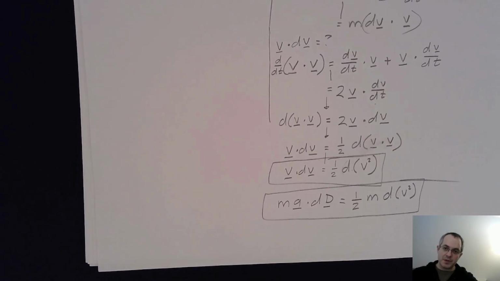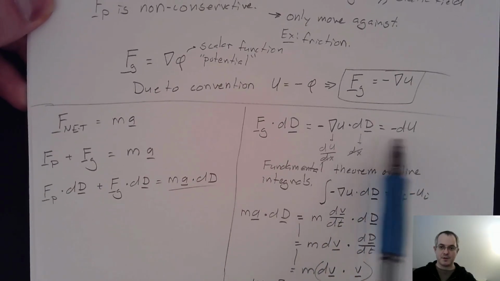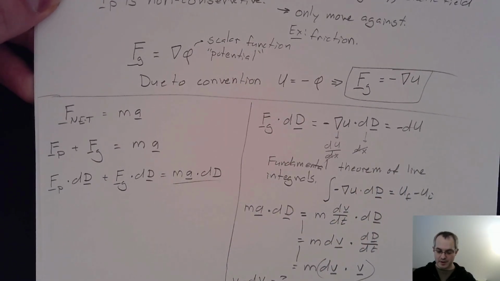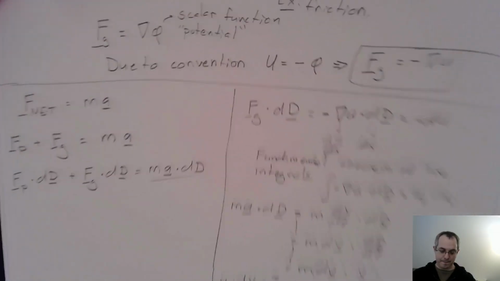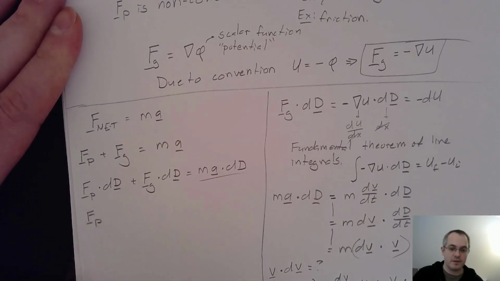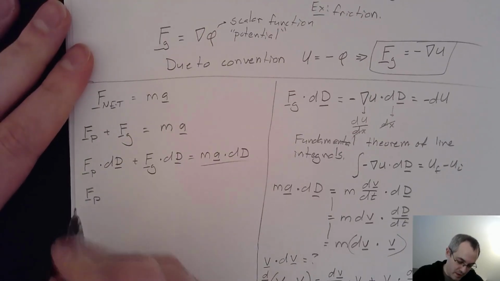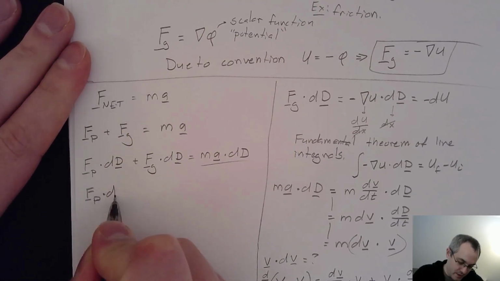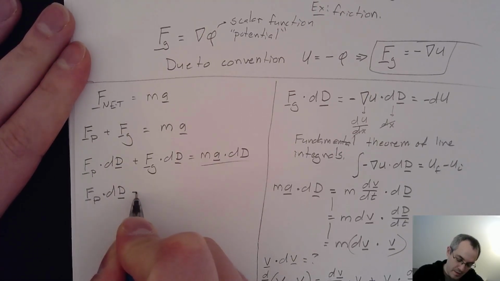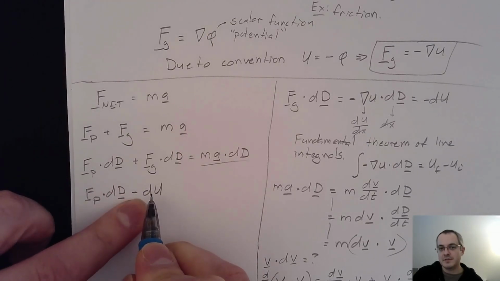So let's now go ahead and plug in these things, this last one here and this first one, into our equation here. And we have this as F_P dot dd minus du. And remember I said that technically we shouldn't be writing du here.